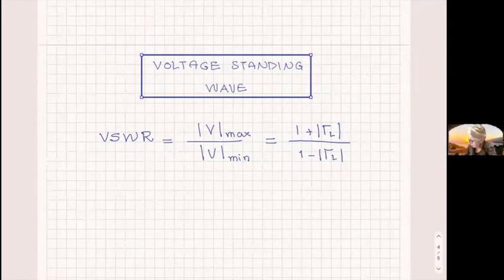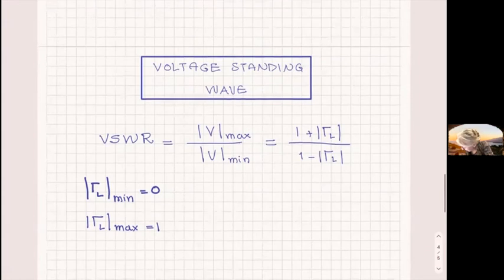Perfect. So the minimum value you can have for gamma L is 0, right? What is the maximum value you can have for gamma L? 1. Exactly. So let me now write it here. The minimum possible is 0 and the maximum possible is 1.